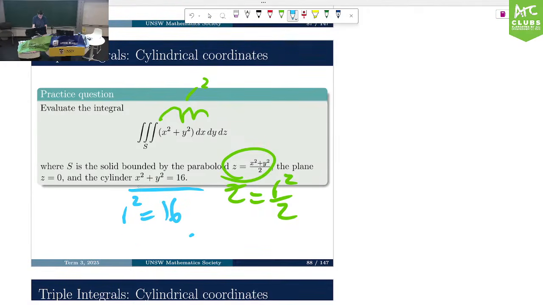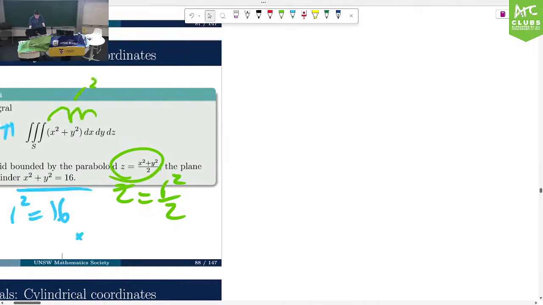There's no real restriction on what theta is, so we could say theta is between 0 and 2 pi, going around the full revolution, because I don't see any other restrictions there, and I think that should be good. So we go from 0 to 4 in terms of r, and then for our z, we would have that as a function of r as well.